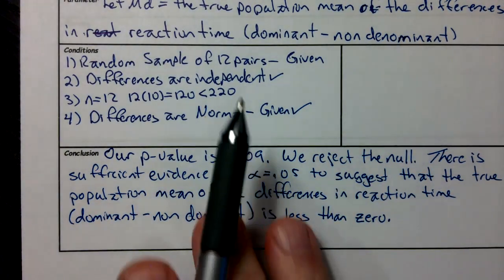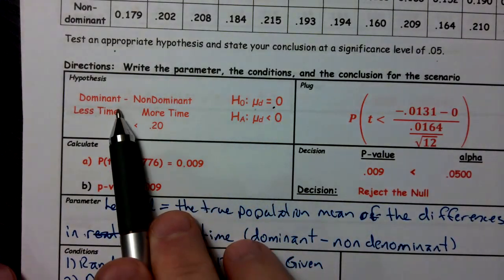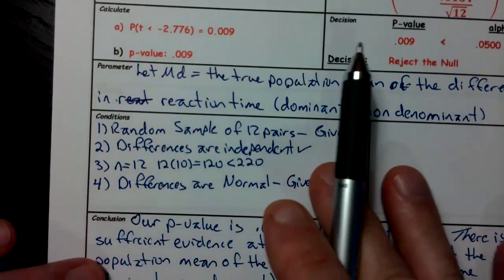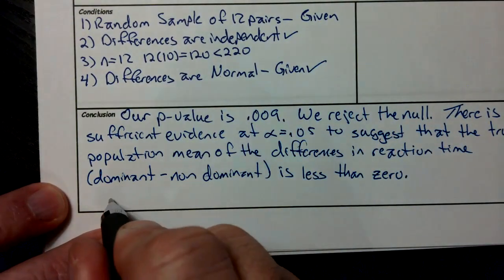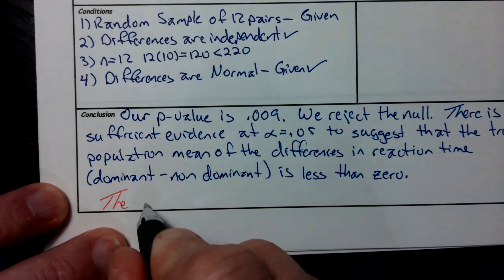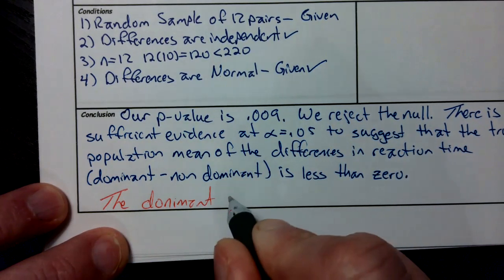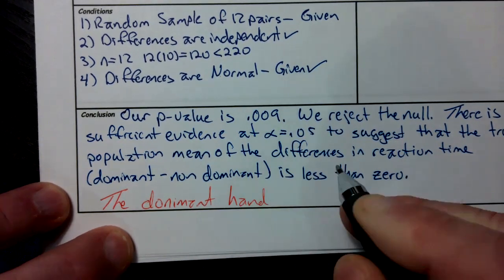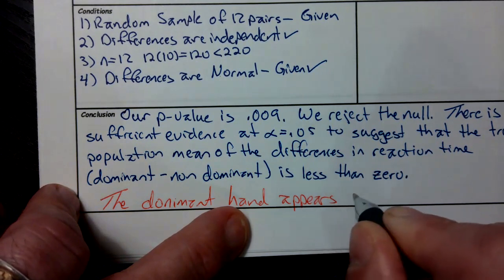Well, basically, we rejected no difference, and we said the dominant hand does take less time. That's what we chose. So we're going to say that real simply. The dominant hand is faster, and appears faster.